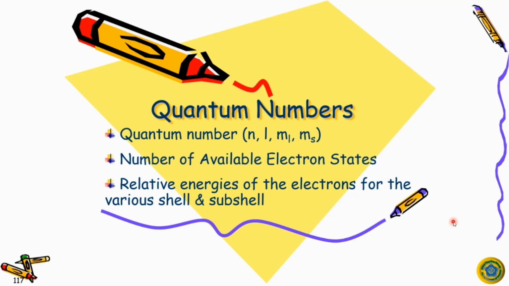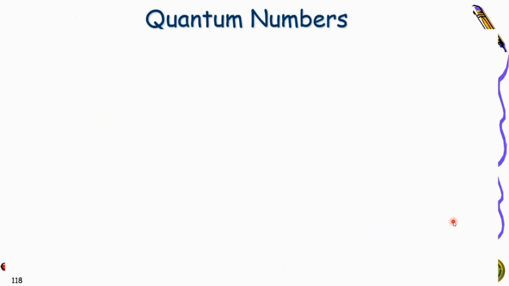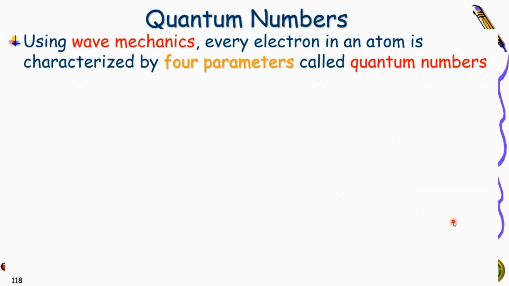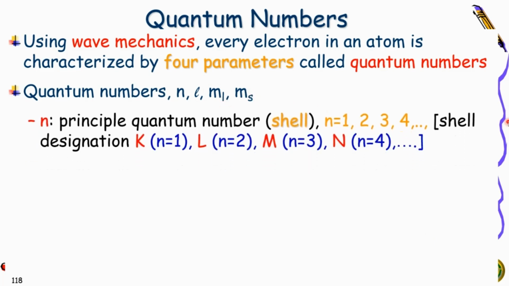Okay, now let's take a look at the quantum numbers in a little more detail. The quantum numbers come from wave mechanics. Every electron in the atom is characterized by 4 parameters called quantum numbers, and we know these are n, l, m, s. Some scientists use n, l, m_l, m_s.